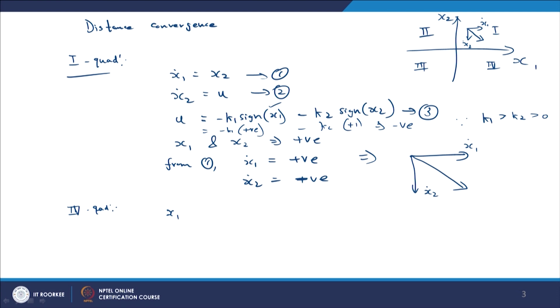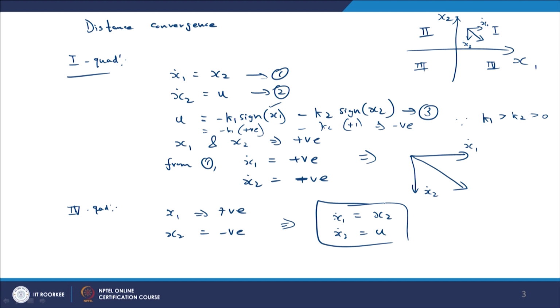So, in quadrant 4 what we have is x1 is positive and x2 is negative, which leads to the resultant in such a way that x1 dot equal to x2 and x2 dot equal to u, which is a state variable. When you substitute here, what we obtained is x1 dot is negative and x2 dot is given by negative.